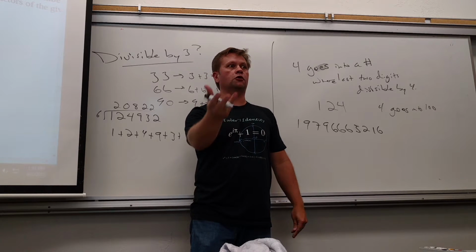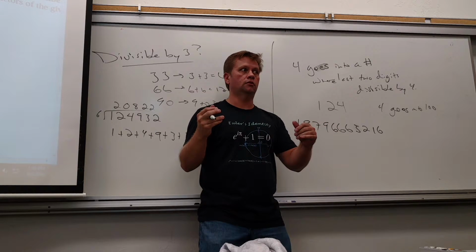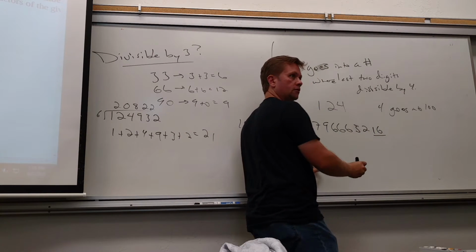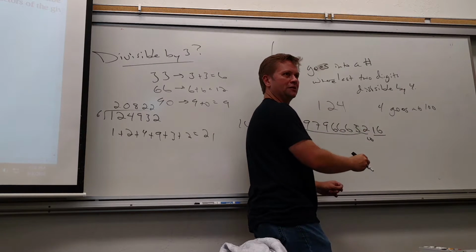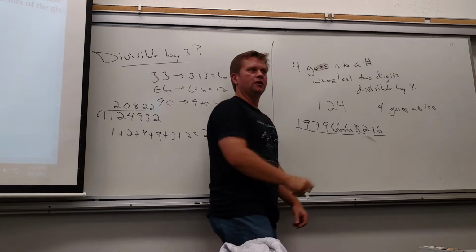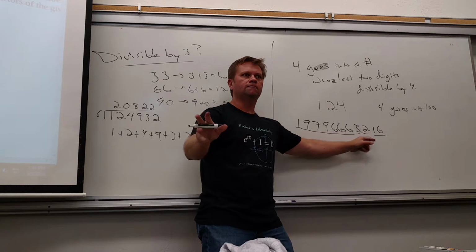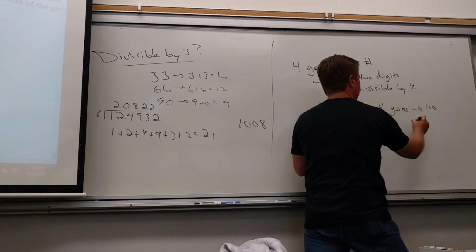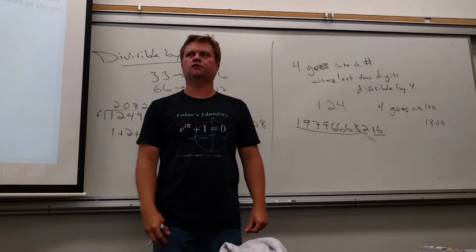If 4 goes into 100, 4 goes into 1700. 4 goes into any multiple of 100. So 4 goes into 16, and 4 goes into the beginning part automatically. I really want this to make sense. So if 4 goes into 100, does 4 go into 1800? Of course it does, because 4 goes into 100.